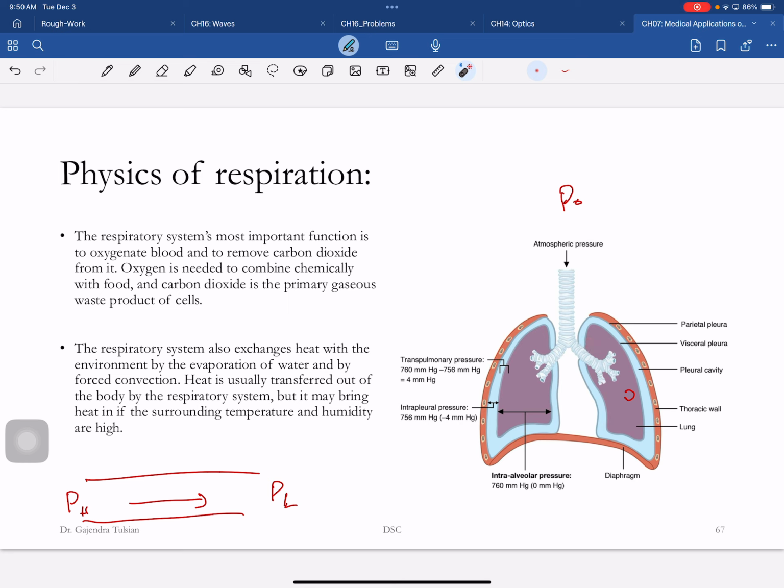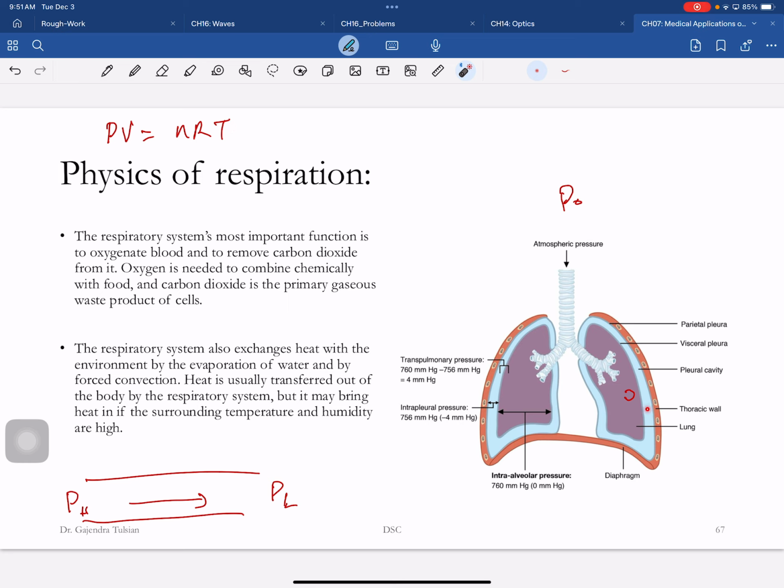So the pressure outside is constant. What you're doing is changing the pressure inside the alveoli. And now we'll figure out how you do that. Of course, when you breathe in, you all know you're lowering your diaphragm. So here's the equation, the ideal gas law, PV = nRT.